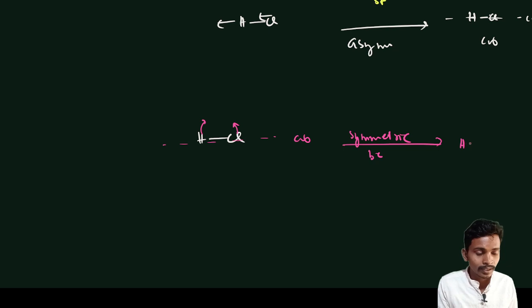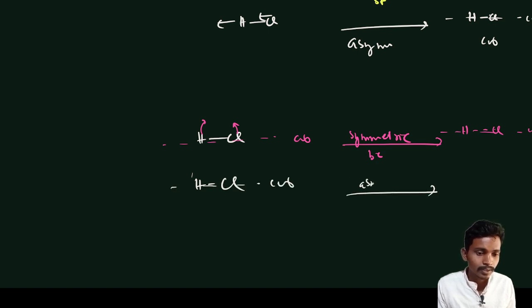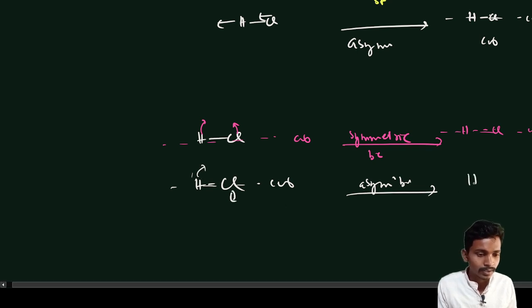However you bend, if I move H here, then Cl also comes, whatever, then also C infinity is there. And if I do asymmetric bending, the principal axis is again C infinity. If I bend this one here and this one there, again C infinity is there.